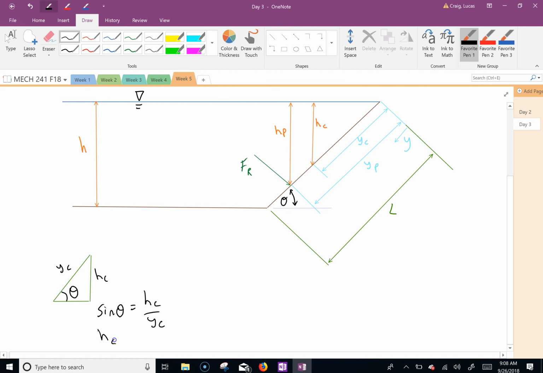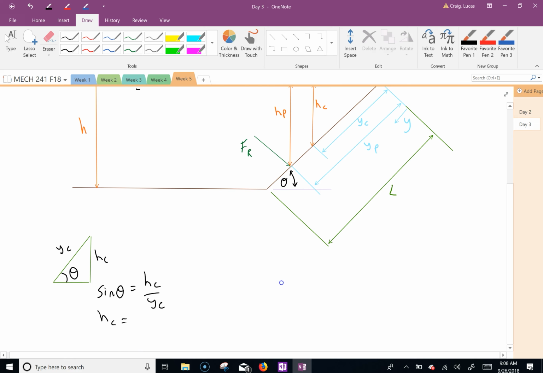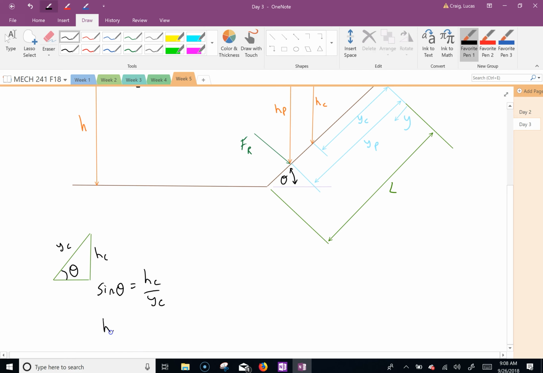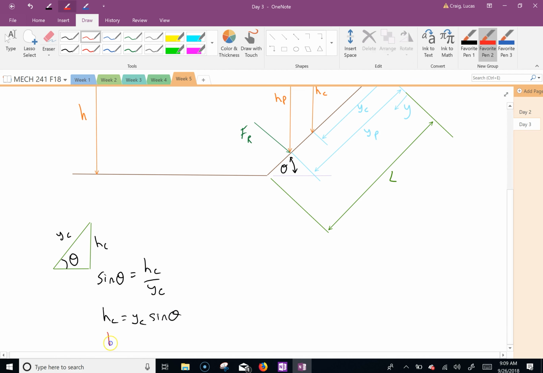So HC is YC times sine theta. And to keep it consistent, then HP is just YP sine theta. Typically, the length of that angle is given, and the angle is given. So you have to figure out HC, because that's used to find the average pressure.